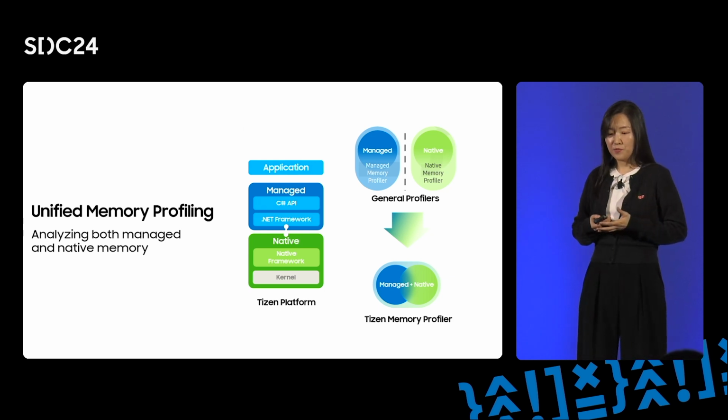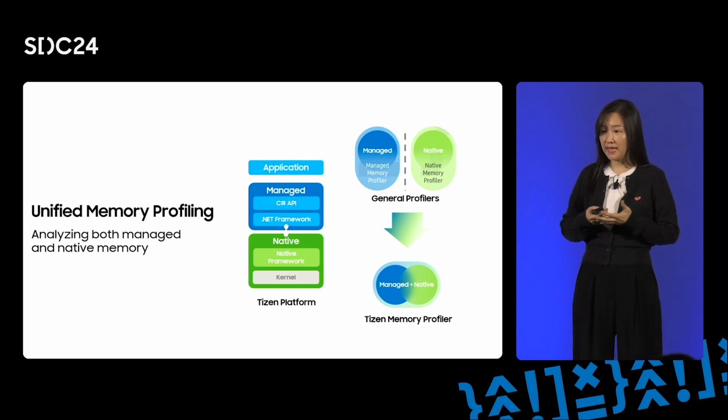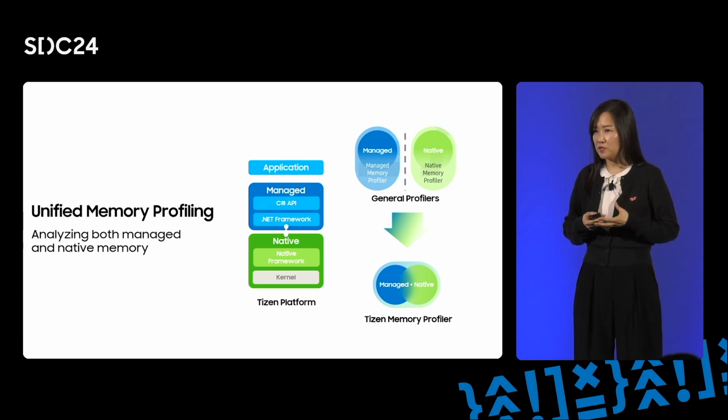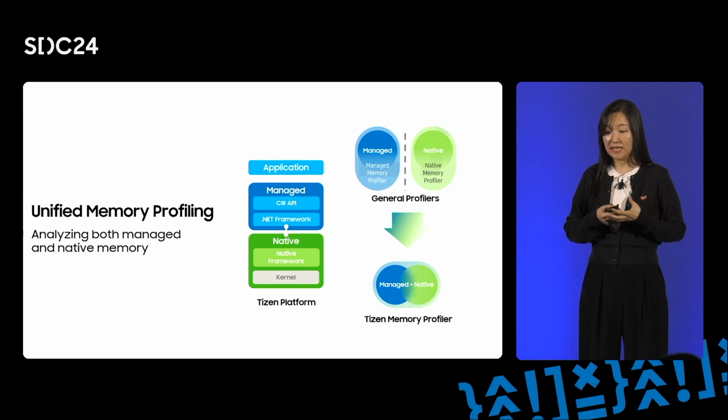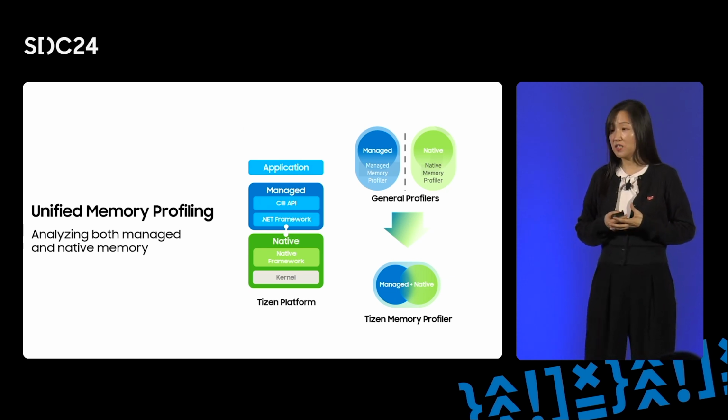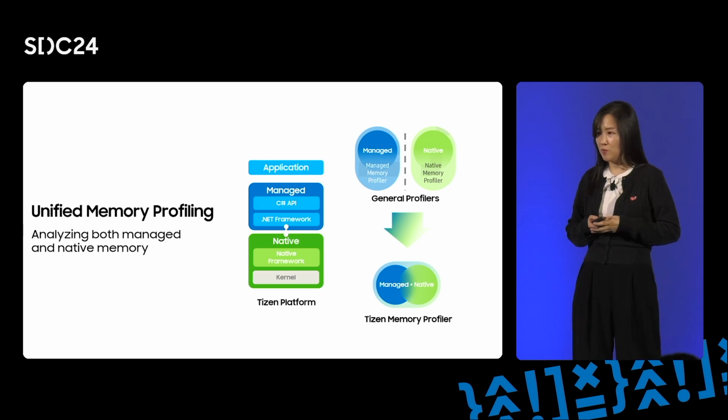Previously, profiling managed memory and native memory required separate tools. Now, Tizen offers a powerful feature that enables tracking of both types of memory together, providing valuable insight for optimization.